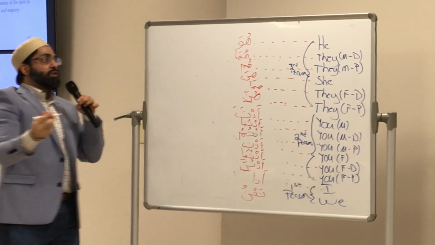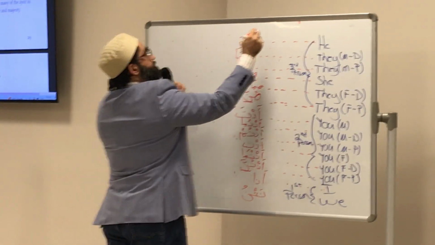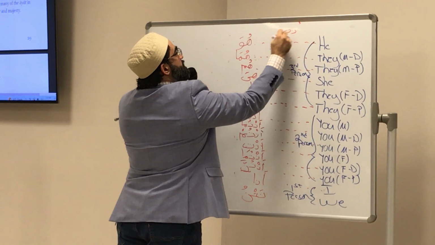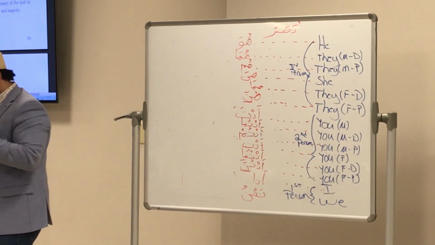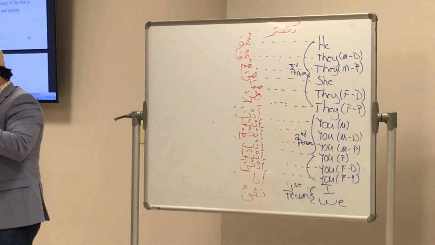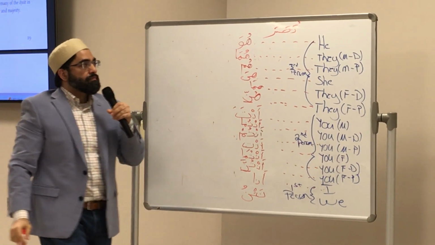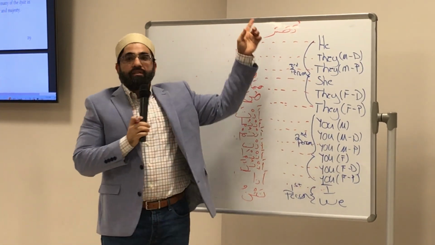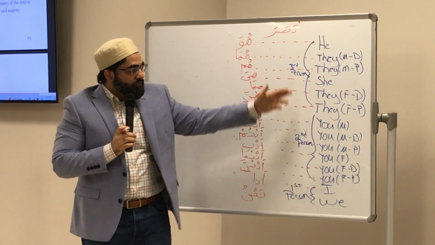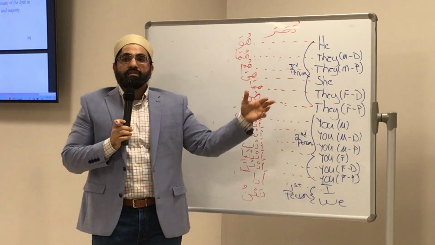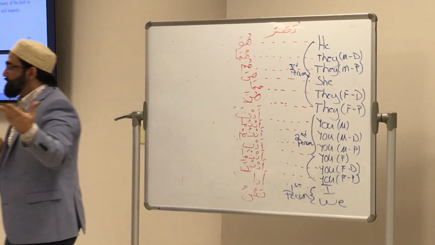But I'm going to take a verb like nasara, which means to help, okay? Nasara. Now, in English, how do I say, if I just want to say past tense, if I want to use any of these pronouns, how do I say helped with these pronouns?